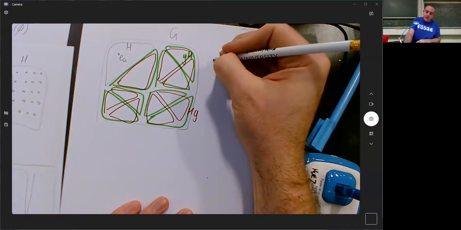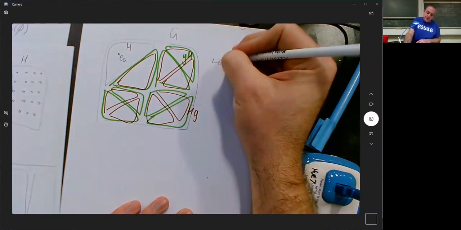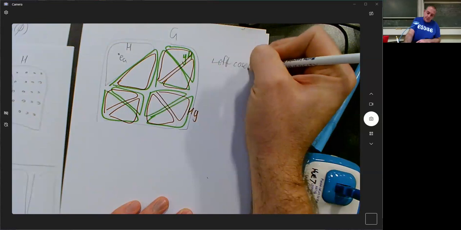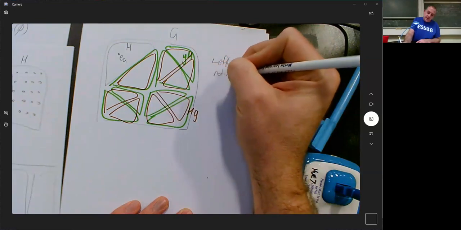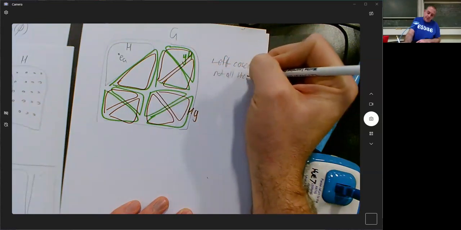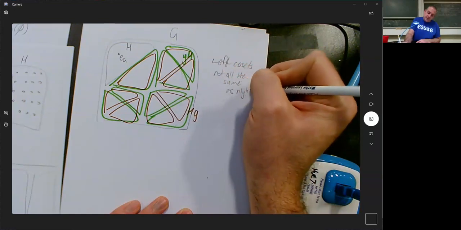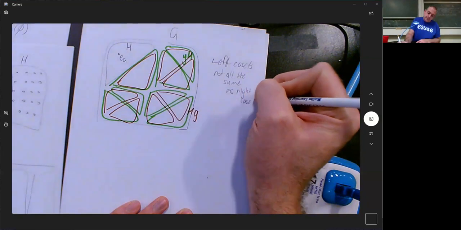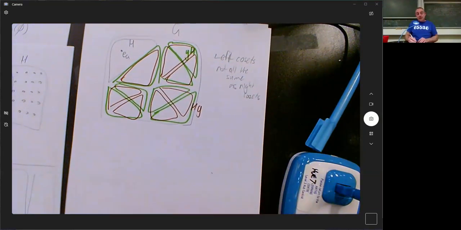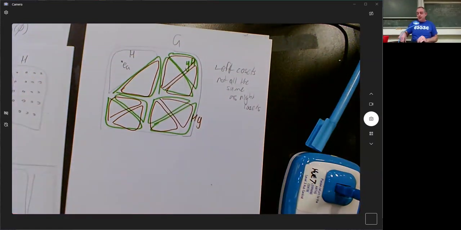So in this one, the left cosets are not all the same as the right cosets. But that is one way that the left cosets and right cosets could be different, but it could be different again.